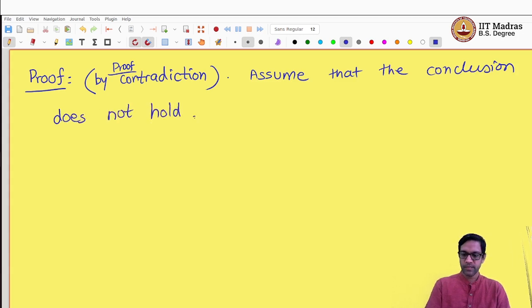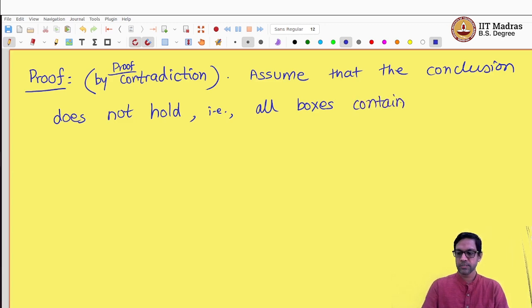What does this mean? Remember, the conclusion was that some box contains at least k plus 1 objects. What is the opposite of that? What does it mean to say that does not hold? It means that all boxes must contain k or fewer objects, at most k objects.